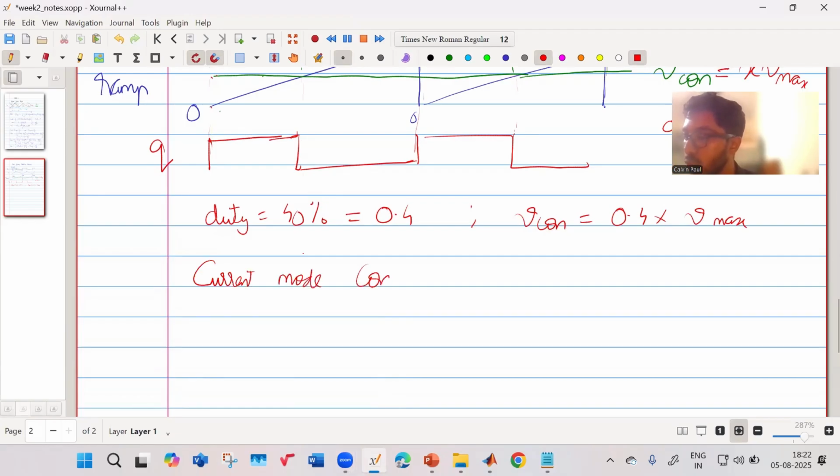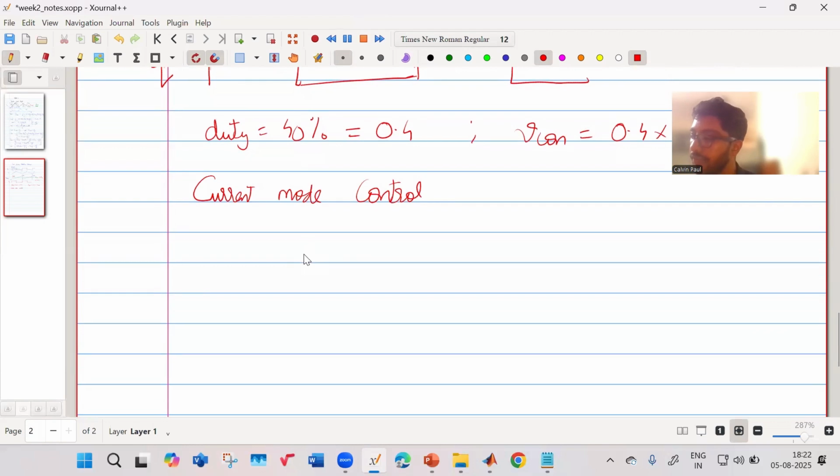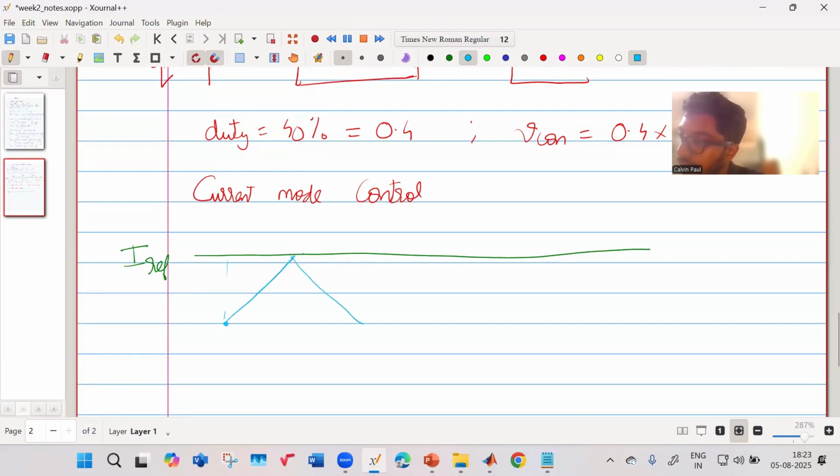In current mode control, let us say this is my reference, the peak reference current which I am setting. And this is my inductor current. This is how it looks.